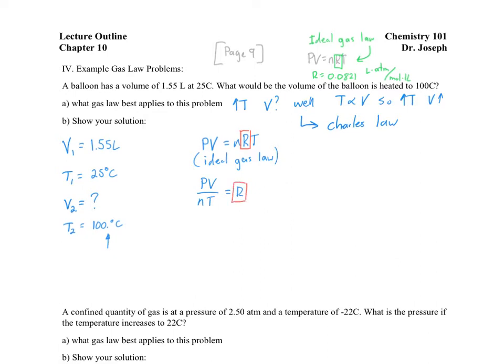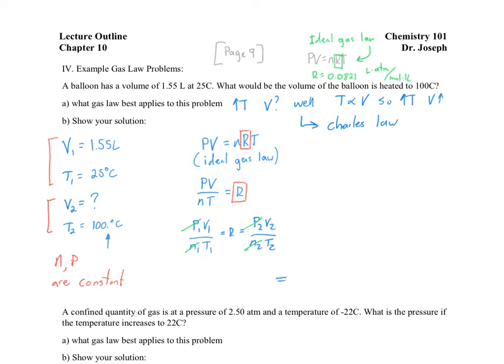So I'm showing here how we can rearrange the ideal gas law to solve for the constant R. If we do that, we can see that P1V1 over N1T1 is equal to P2V2 over N2T2. Notice that the number of moles and the pressure remain constant while we only see a change in the volume and the temperature.